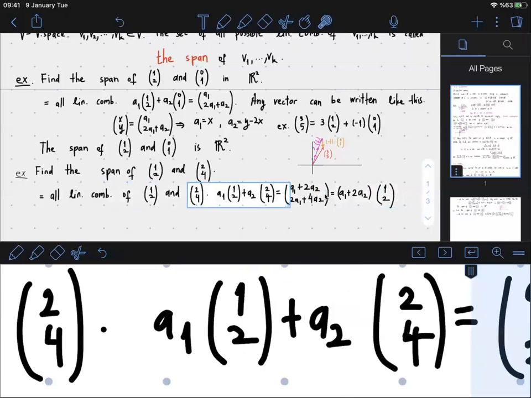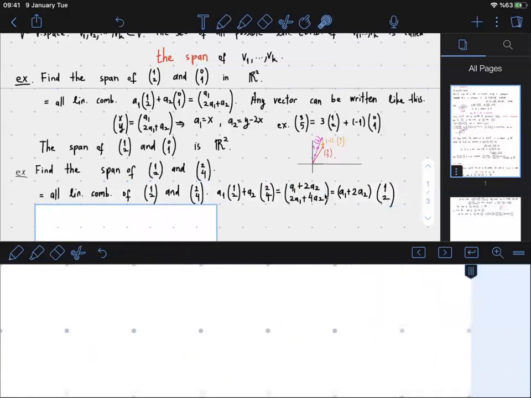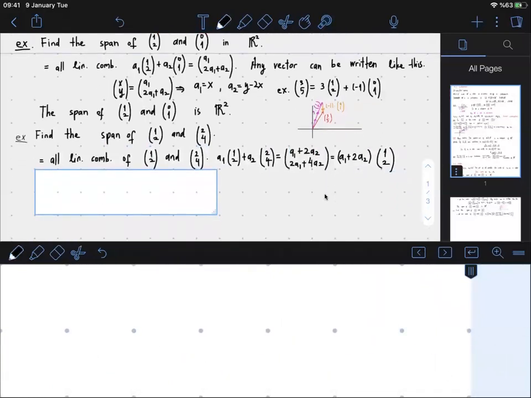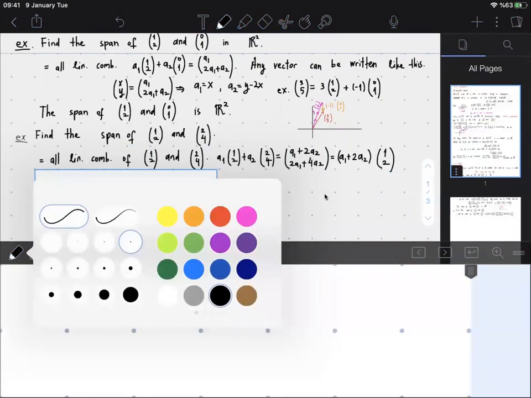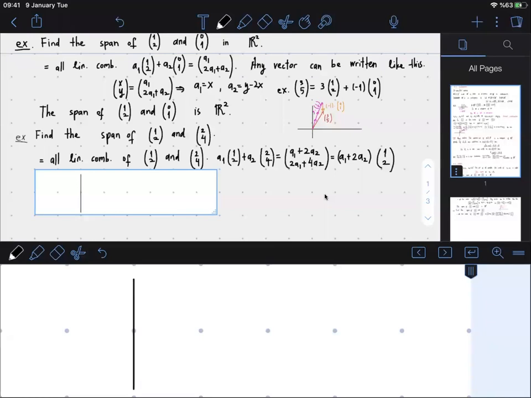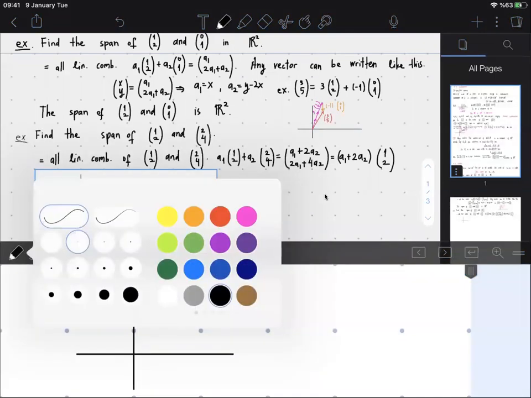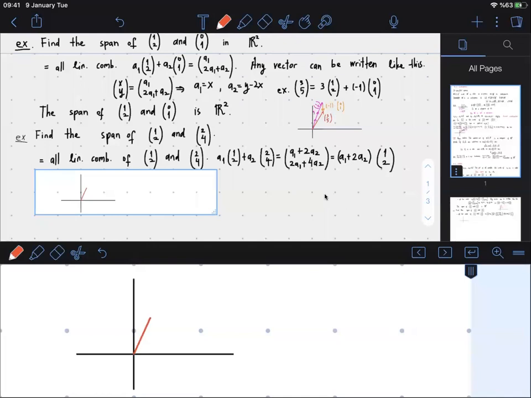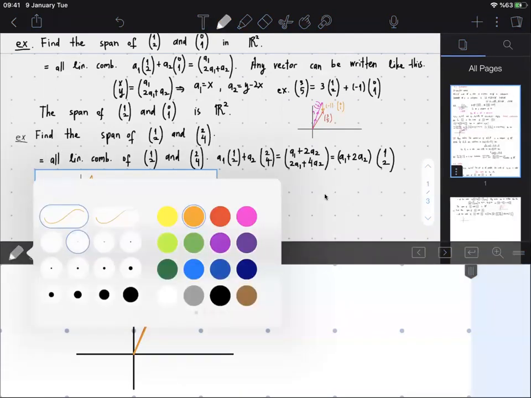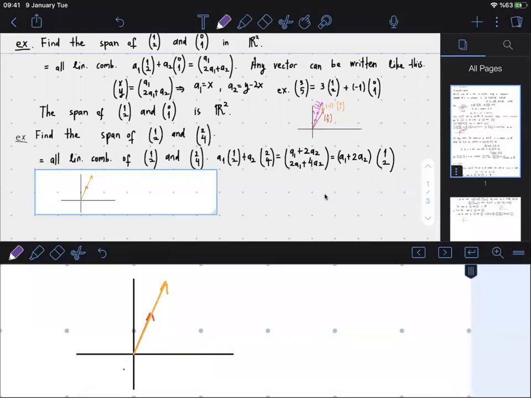So let me draw the span of this. What is 1, 2? 1, 2 is this vector, right? So this is the vector 1, 2, and this is 2, 4. And 2, 4 is still on the same line, so it's double the length. If I take a linear combination of these two vectors, it will always remain on this line.